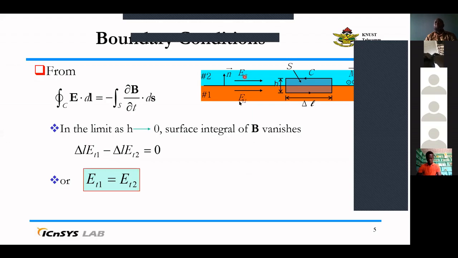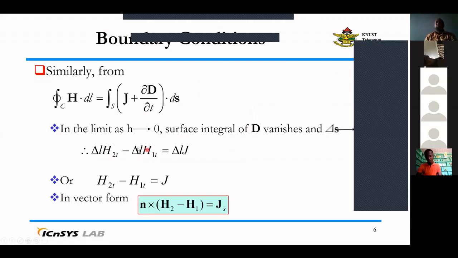Again, just as in the case of the tangential component of the electric field intensity, the magnetic field intensity has the same situation. You have HT1 here and HT2 here in the opposite direction.